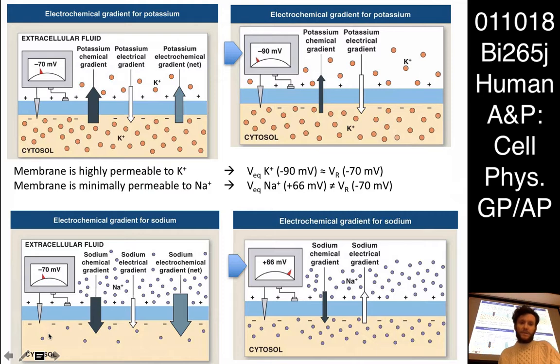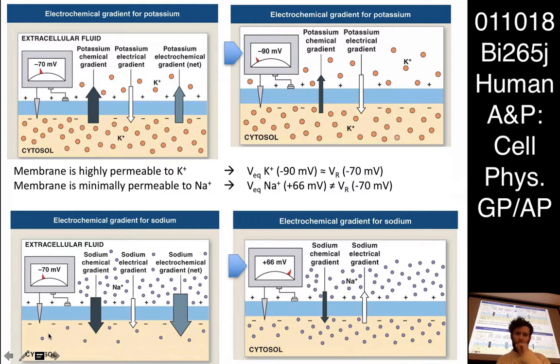Let's consider the top, the potassium. So the potassium's chemical gradient wants it to go outside of the cell, right? And that's because of the sodium-potassium ATPase. It's been pumping all this potassium inside the cell. So the chemical gradient wants it to go outside. But the electrical gradient wants it to go inside. The electrical gradient is smaller than the chemical gradient.